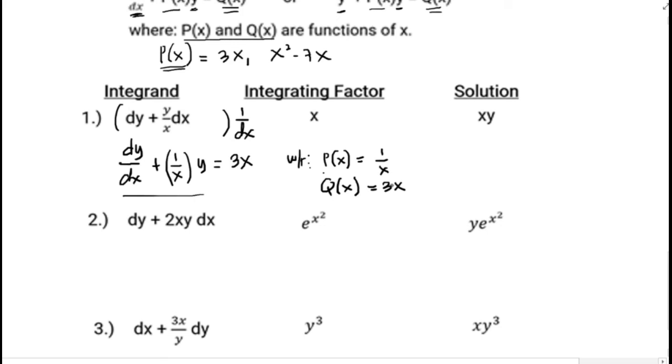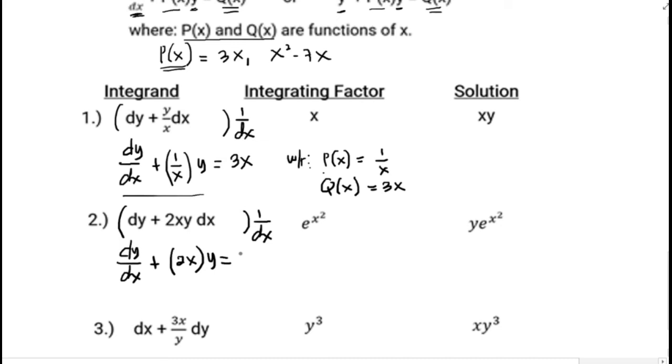Our second integrand is similar to the first one, specifically dy plus 2xy dx. Again, we can multiply this one by 1 over dx. The product is dy over dx plus, canceling dx, we have here the function of x, 2x, and y. Similar to the previous, what is lacking here is the q(x).